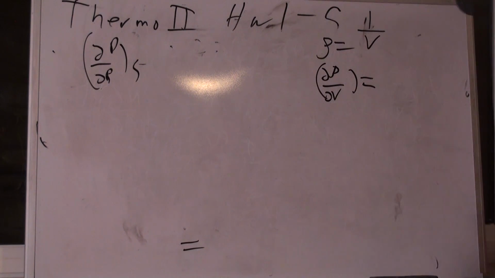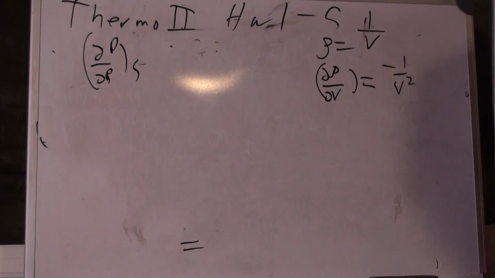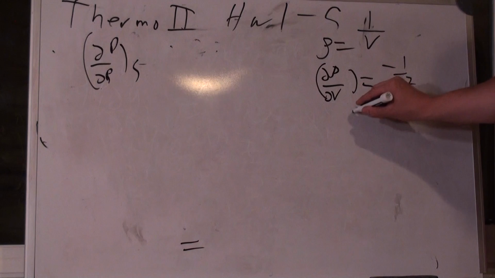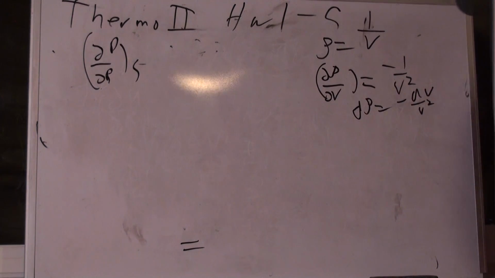Okay, d rho dv at constant s. What's d rho dv? That's right, minus 1 over v squared. Well, and now it's algebra. I can solve for my d rho. I got a d rho, now I can just solve for it. So the d rho is equal to minus dv over v squared.